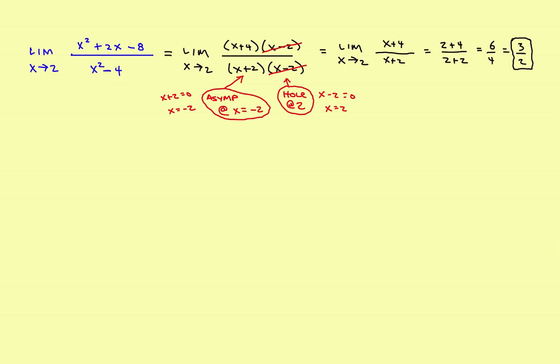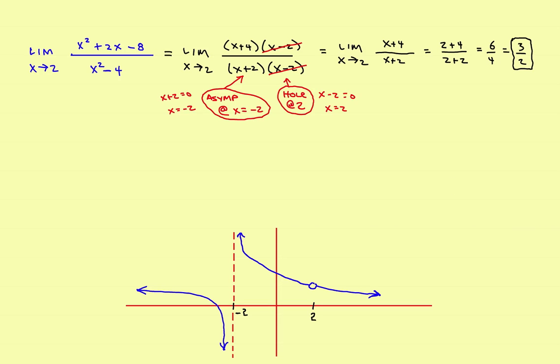Now again, let's look at the graph to see why it makes sense. If you graphed it on a graphing calculator, you would see this. At 2, you've got a hole right here. At negative 2, you've got an asymptote over here. Now you want to find the limit as x approaches 2. So graphically, you're approaching 2 from the left and from the right.